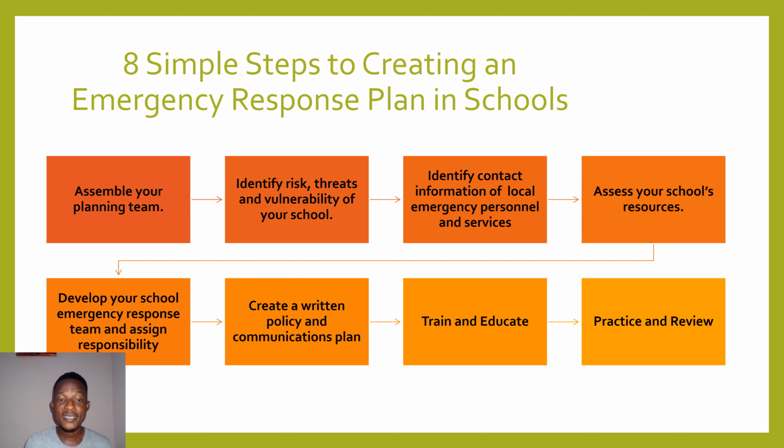Six, create a written policy and procedure, and a communication plan. Seven, train and educate. Eight, practice and review. We are going to dive into these steps one after the other so that I can briefly explain how you can go about it. So hang in there with me and let's continue.